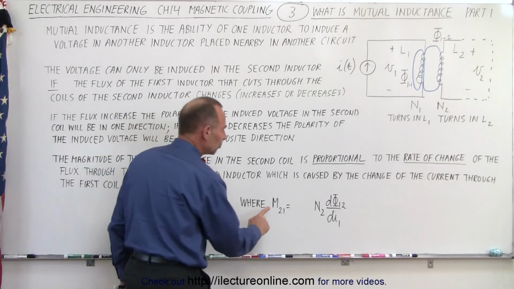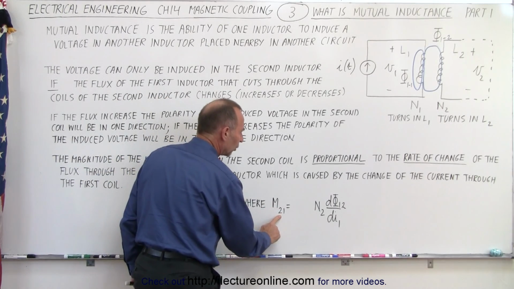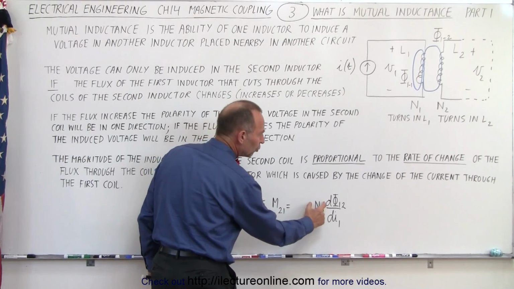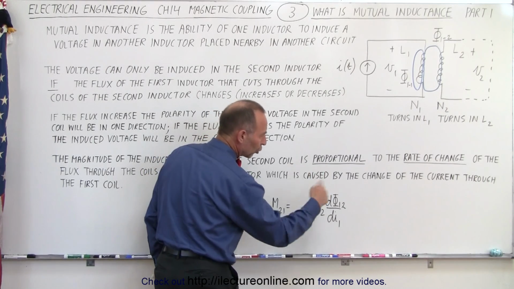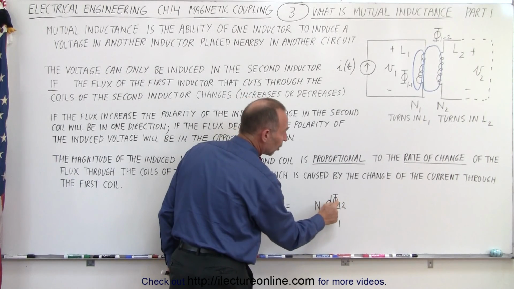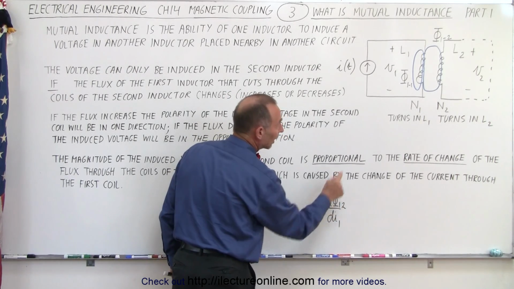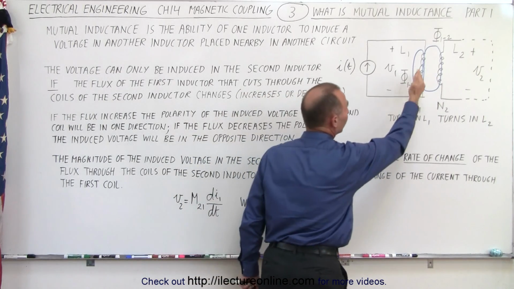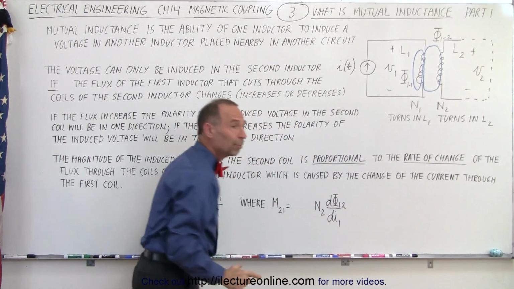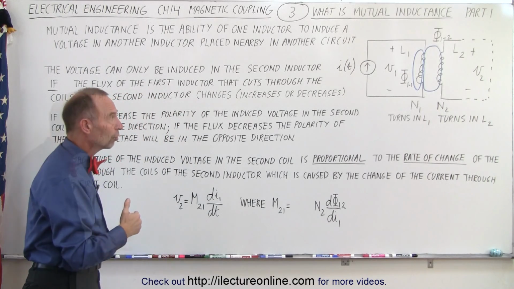We can say that the mutual inductance on coil 2, because of the flux from coil 1, is equal to the number of turns in the second inductor times the rate of change of the flux from 1 that cuts through 2 with respect to the change in the current.